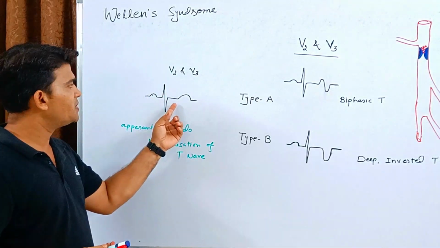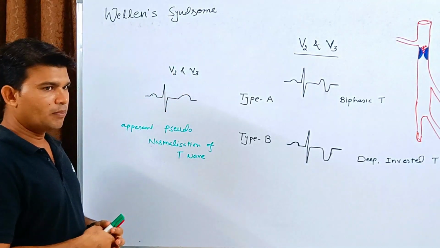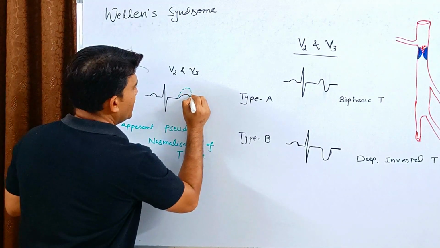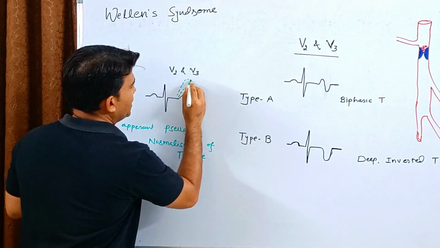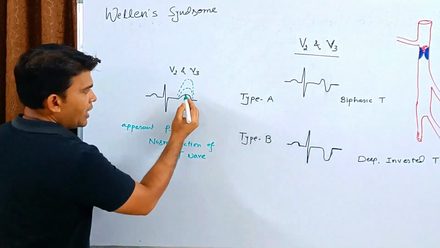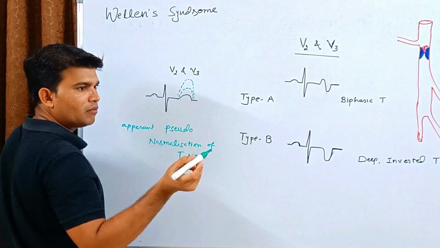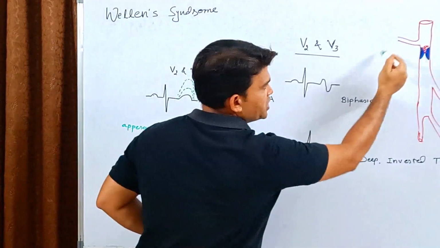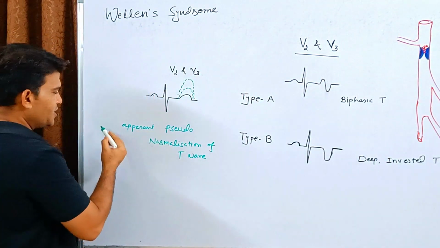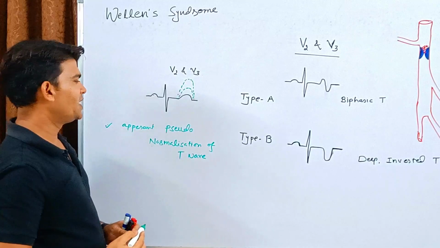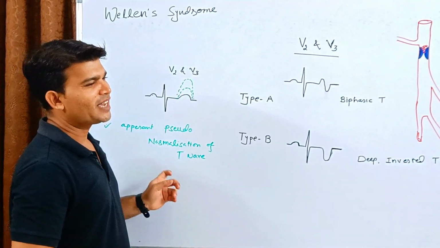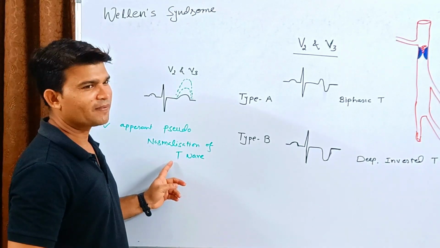But here the T wave is evolving positive, then later on it will go like this. So this is a developing hyperacute T wave myocardial infarction. In this specific case it is an anterior wall MI, right? So this sign is called pseudo normalization of the T wave, and this is a classical sign of developing myocardial infarction, right?